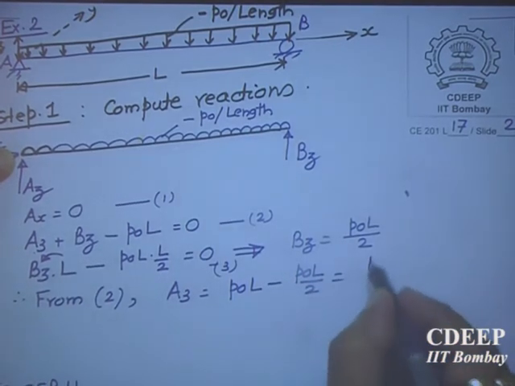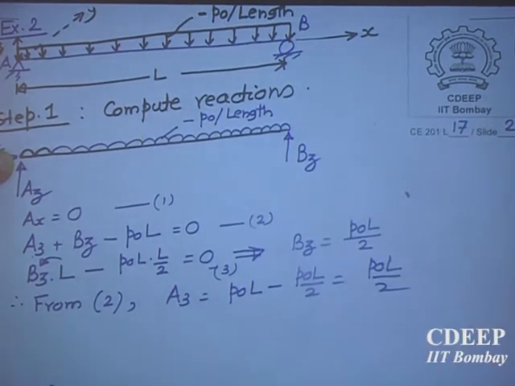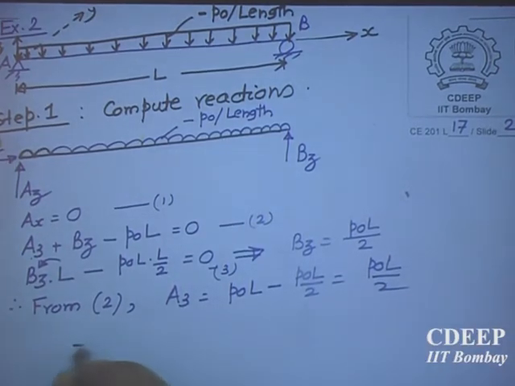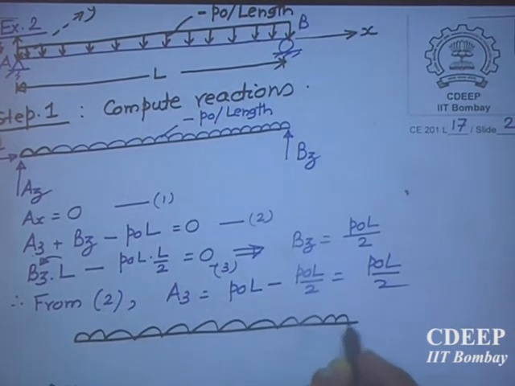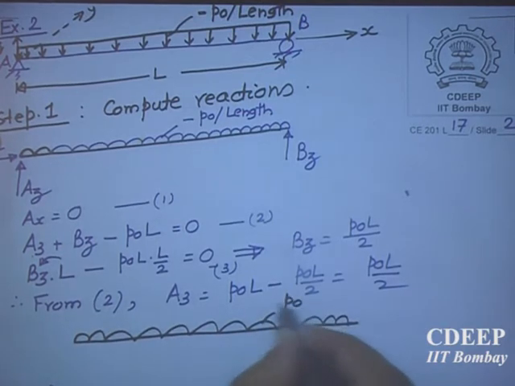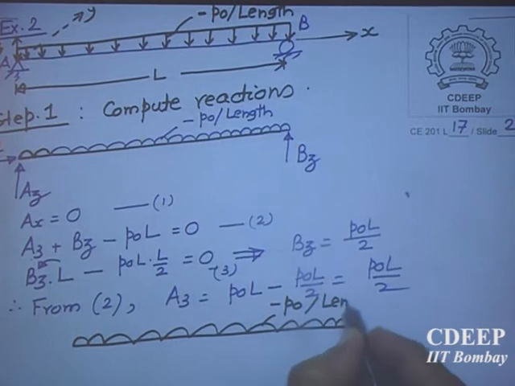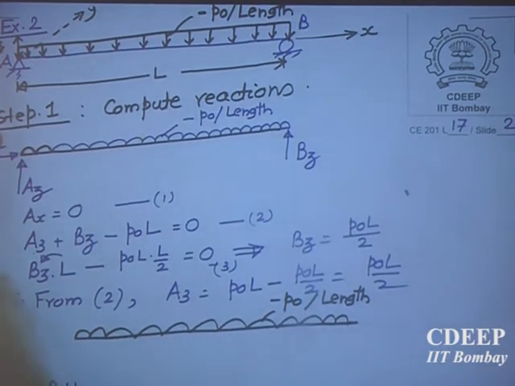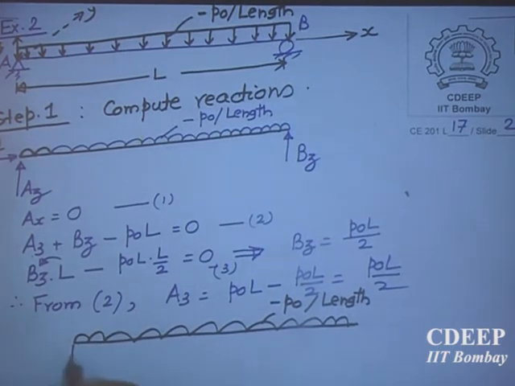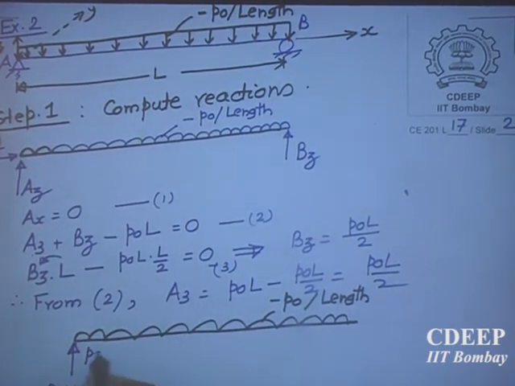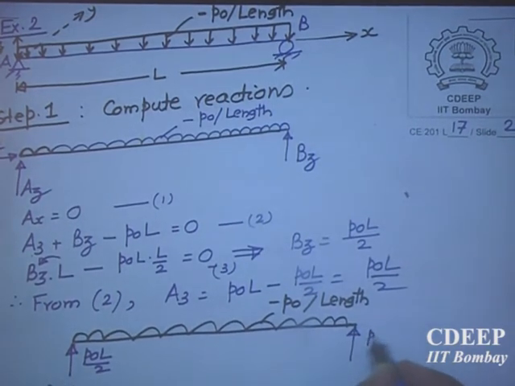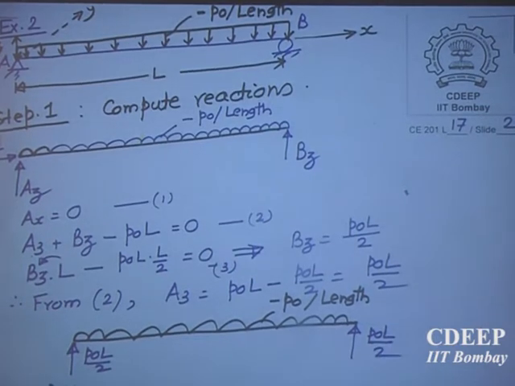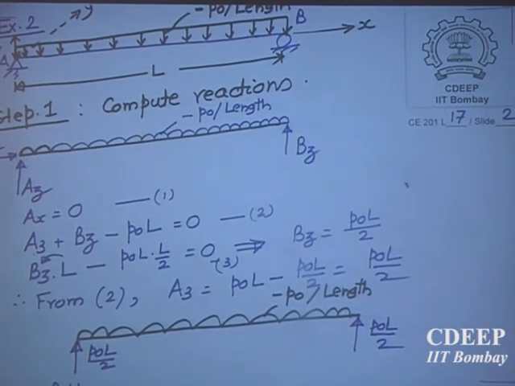So that also comes out as P naught L by 2. Now I have my diagram: there is a UDL of P naught per unit length, and the reactions are P naught L by 2 each. So this is the free body diagram.